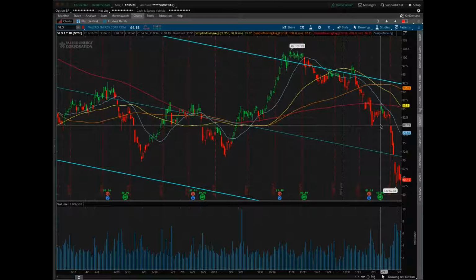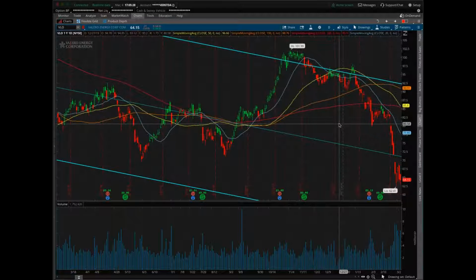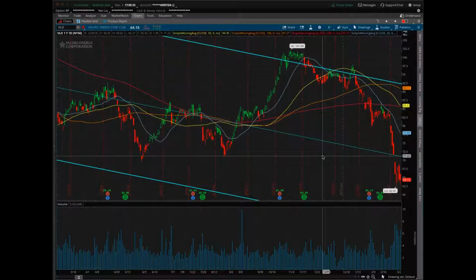Now, when we're underneath our moving averages, that tells us something. Now, what does that tell us? That tells us that on the average 200 days of trading, we are the weakest.